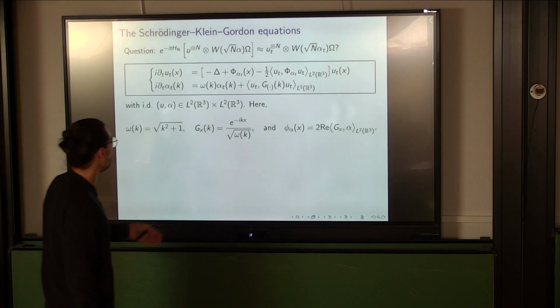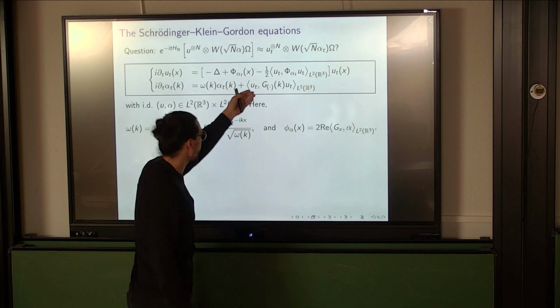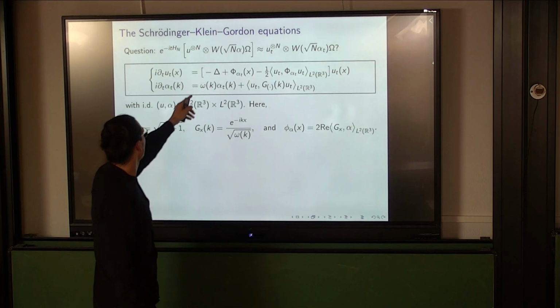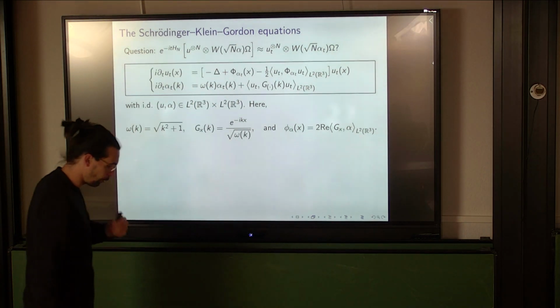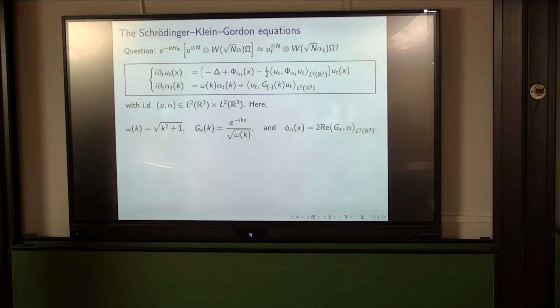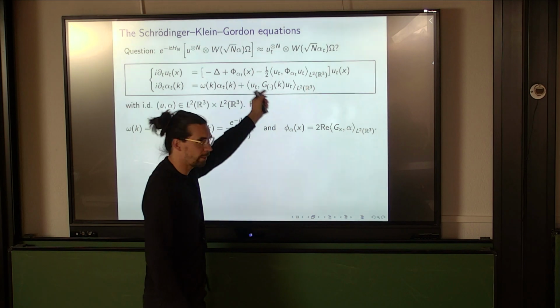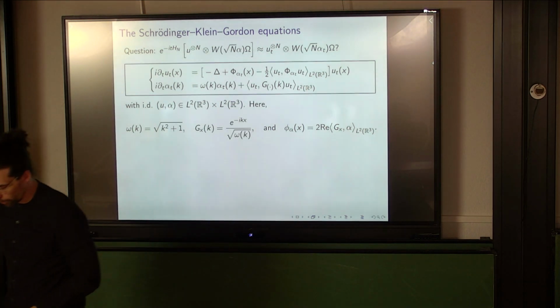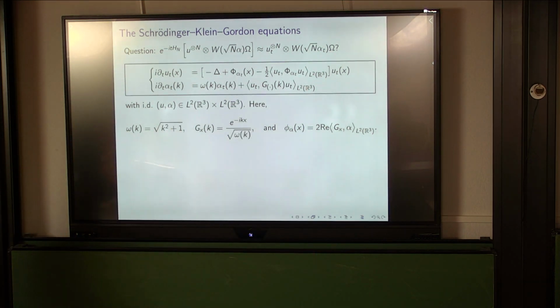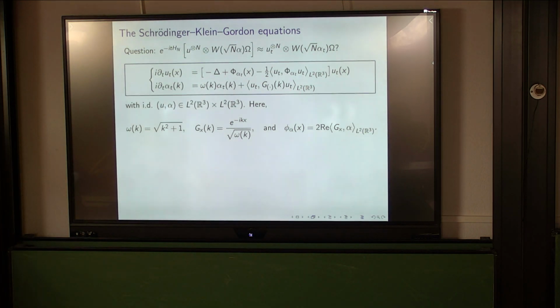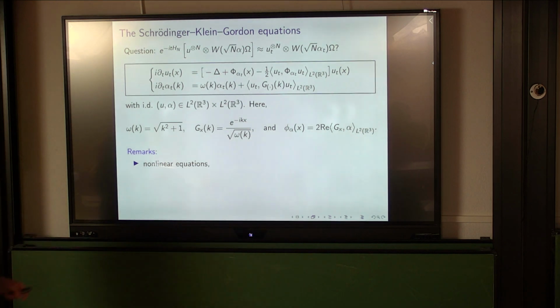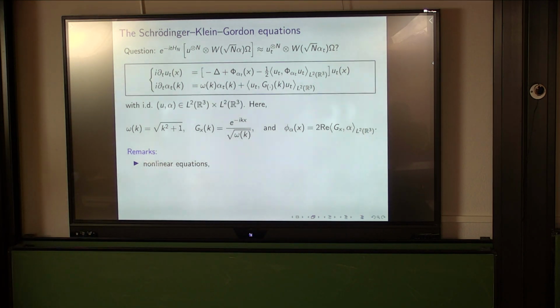This mode function satisfies a second equation, where the first term ensures that the freely evolving field satisfies the Klein-Gordon equation, and here we have a coupling to the density of the condensate wave function. So the condensate changes the field, and the field acts back on the condensate. So this is a nonlinear equation.